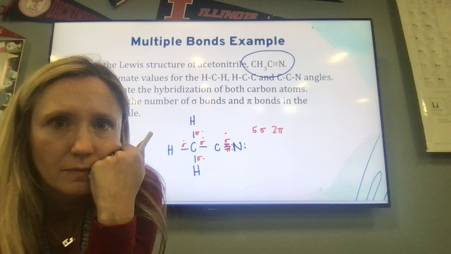Does it matter where you write the hybridization? No, because the question will be like, part A will be draw the Lewis structure for blah, and then part B will say, what's the hybridization of the central atom? And you just put the answer. In AP Chem, part A has a question and you have a blank, and then B, you have a blank. That's how your tests are.